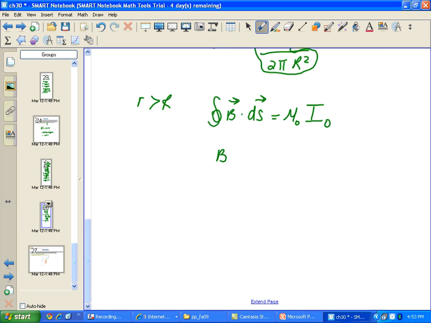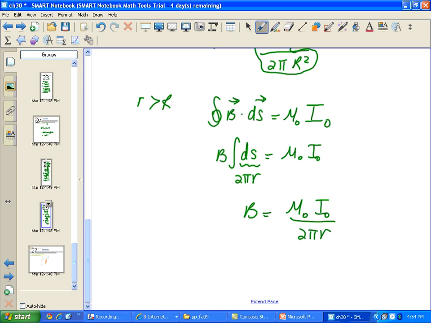Here again, B and ds are parallel, and ds integrates to 2 pi r, the circumference of the Amperian loop. We solve for B: mu naught I total, divided by, we divide both sides by 2 pi r, and this gives us the value of B outside the wire.